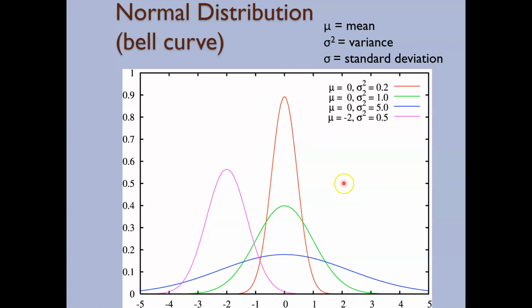The red sample has a very narrow distribution, very small standard deviation. The green one is slightly greater. The blue one has a much wider spread, meaning much wider standard deviation, much wider variance, right? If you compare the red or the green or the blue with the pink data set, they not only have different ranges and different standard deviations and data spreads, they also have different means.